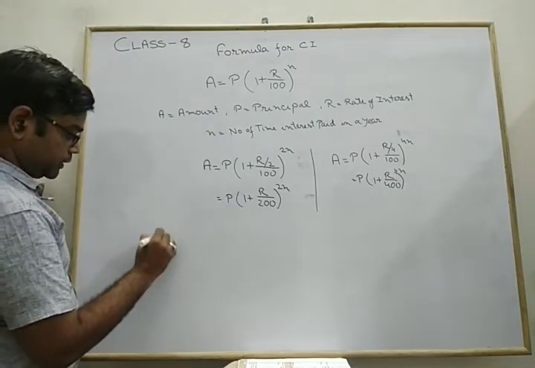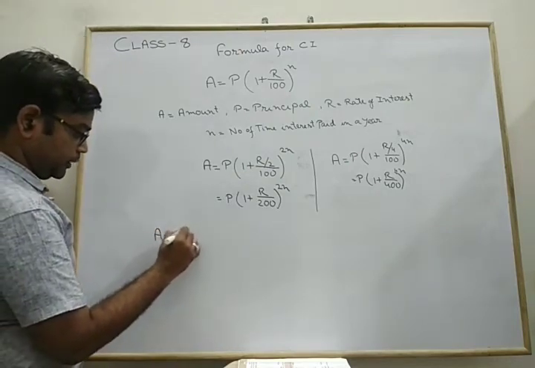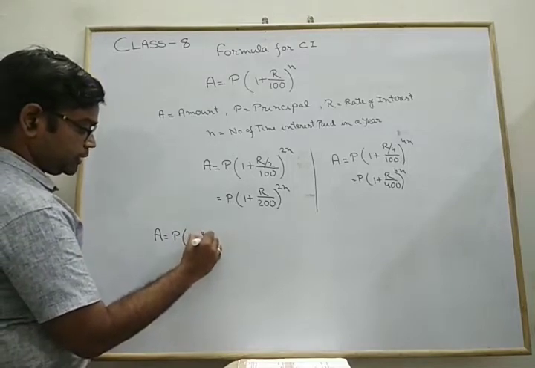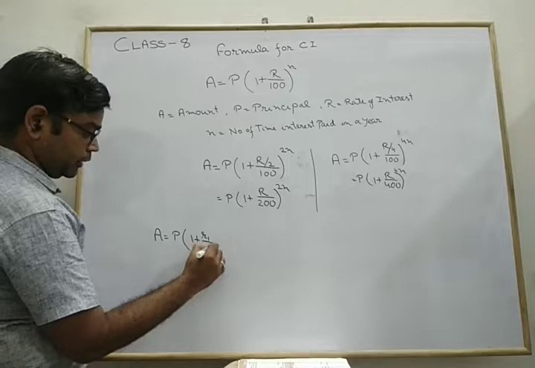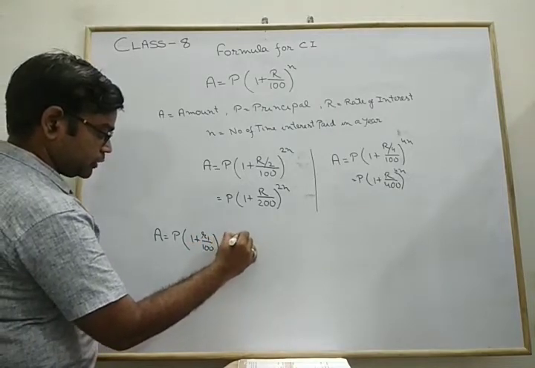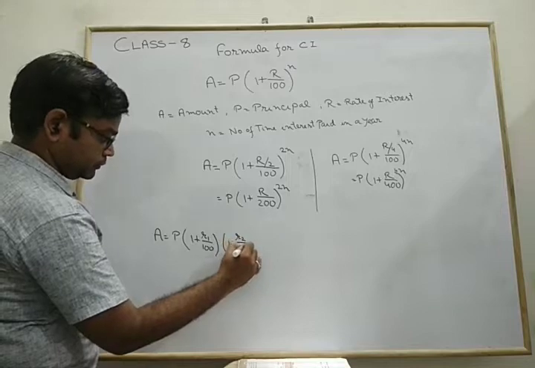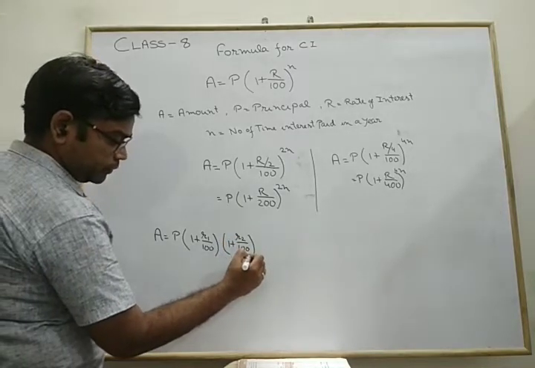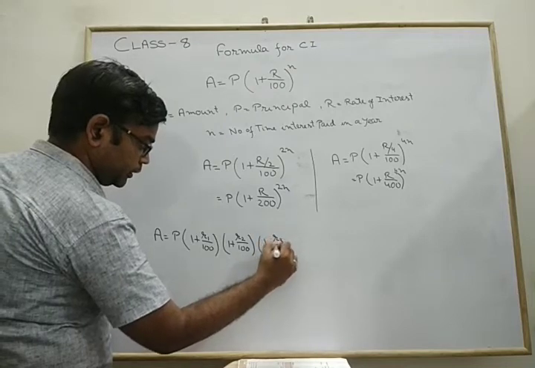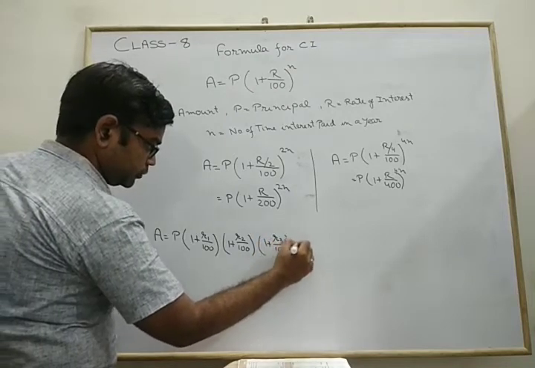So for that case, A equals P into 1 plus R1 upon 100 for the first year, 1 plus R2 upon 100 for the second year, and 1 plus R3 upon 100 for the third year.